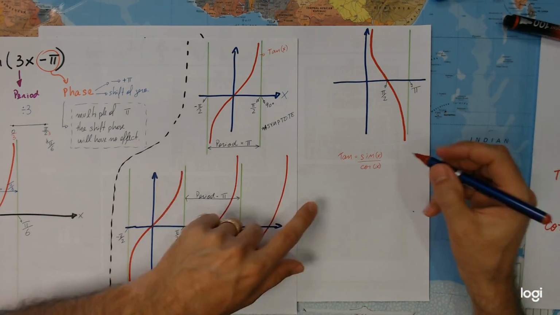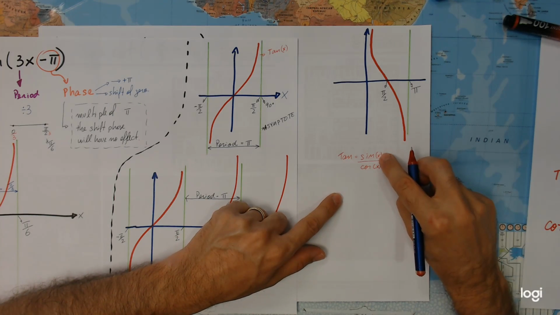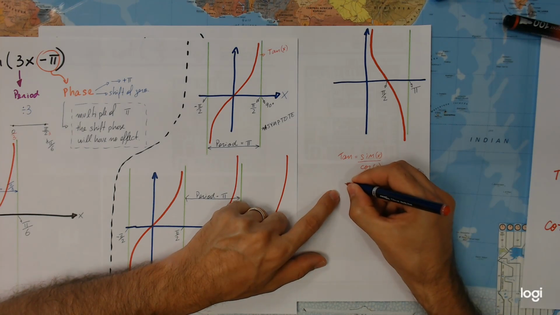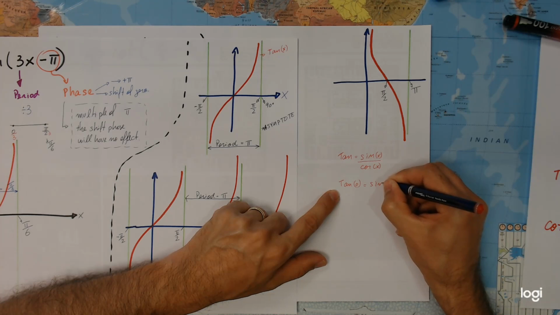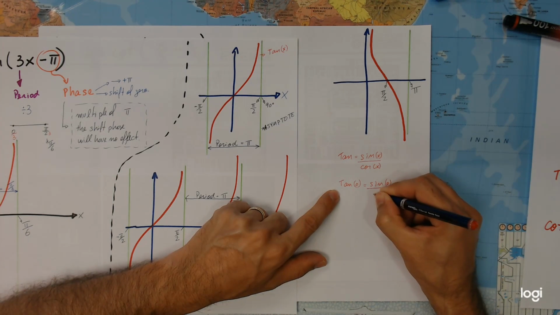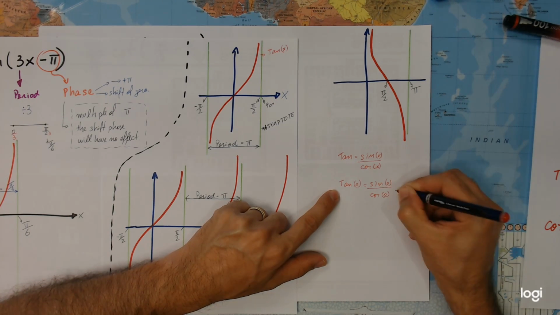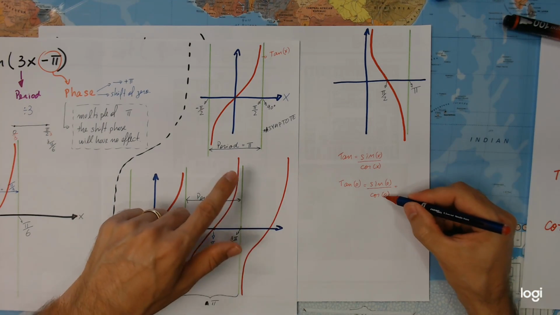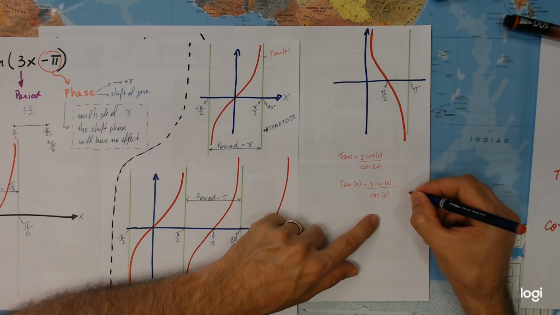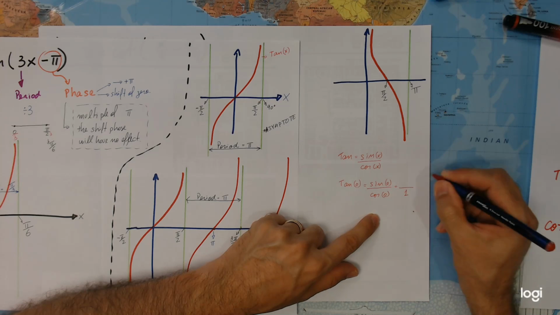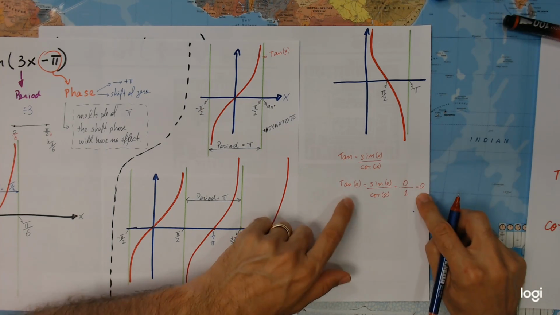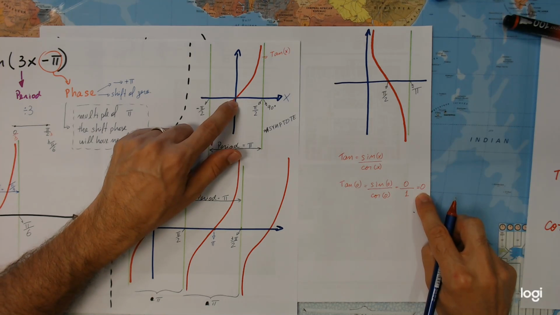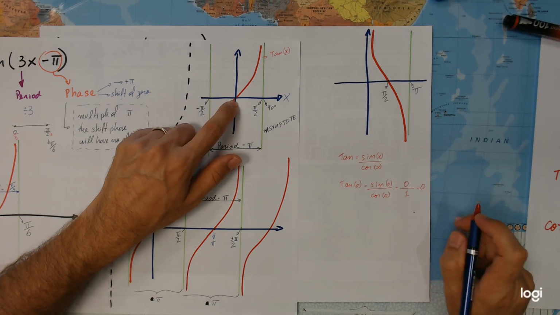When x is 0, let's make the tangent of 0. It is going to be the sine of 0 divided by the cosine of 0. What is the cosine of 0? It is just 1, isn't it? What is the sine of 0? 0. That's why the tangent of 0 is 0. It must pass in here.